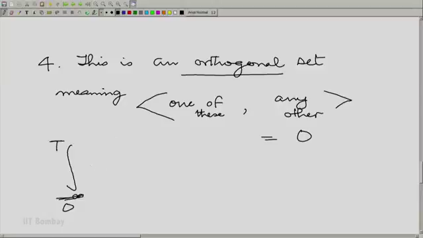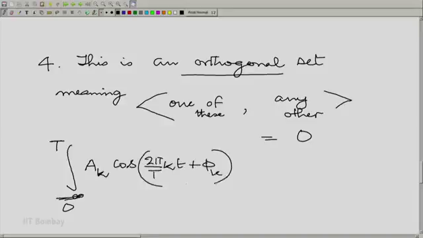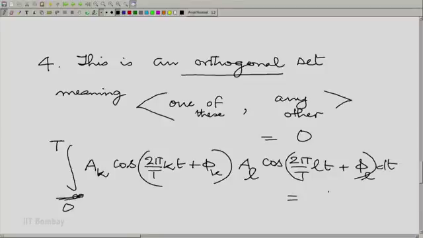So, the integral from 0 to T of a_k cos(2π/T · kt + φ_k) into a_l cos(2π/T · lt + φ_l) is equal to 0 if k is not equal to l. That is what we had written down.